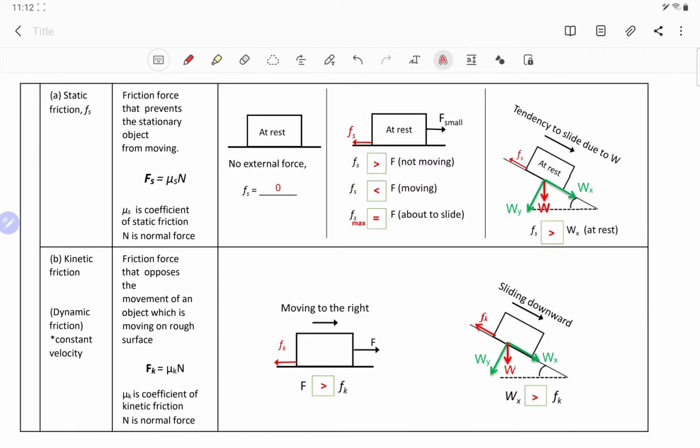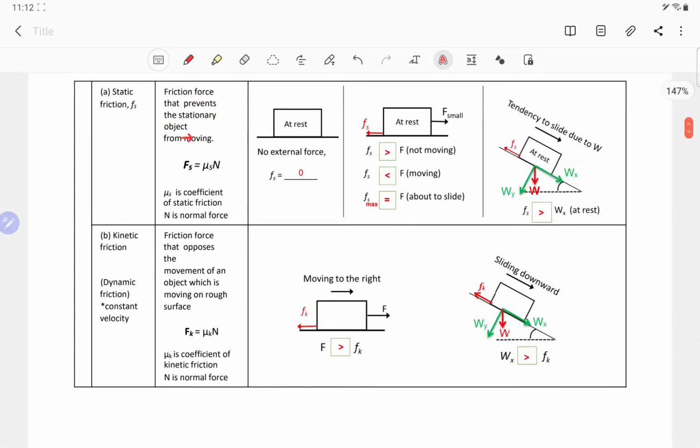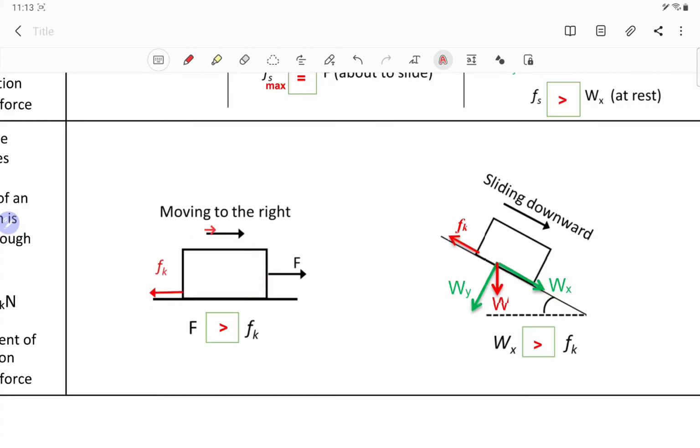Now we look at kinetic friction. Kinetic friction is the friction force that opposes the movement of an object which is moving on a rough surface. Yang tadi tu dia memang tak bergerak, so static friction. Now, the object is moving on a rough surface, so kita ada kinetic friction. The formula is the same, cuma coefficient tu adalah lain, coefficient of kinetic friction, mu k. So we can now see the object.